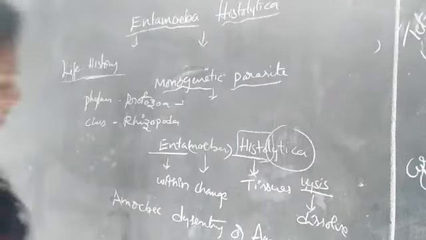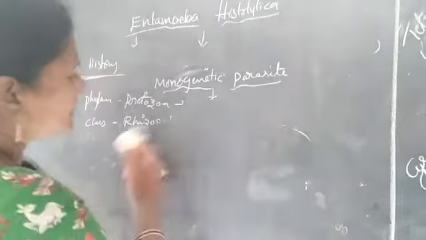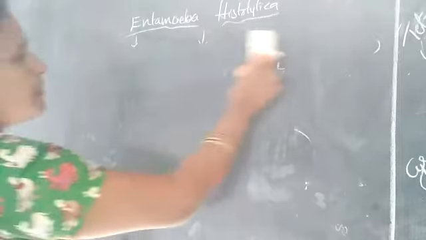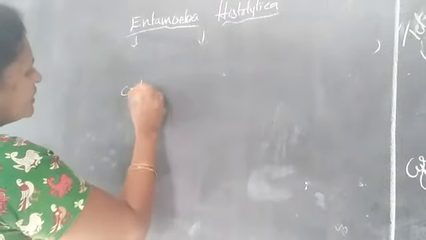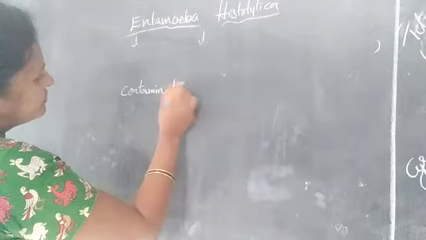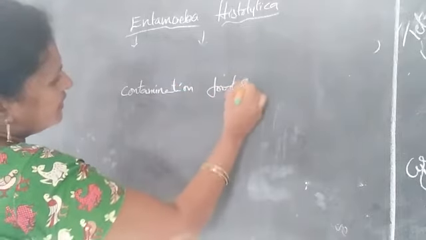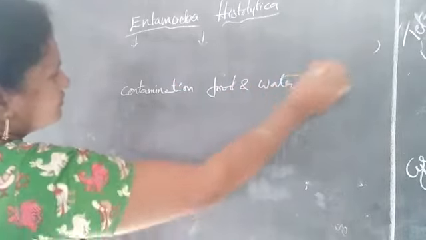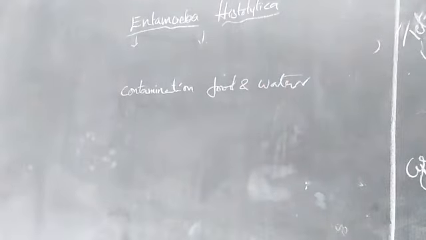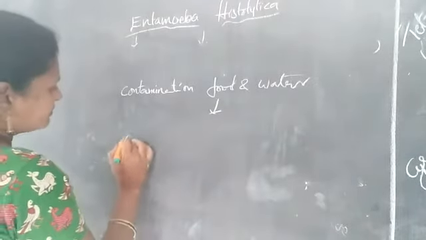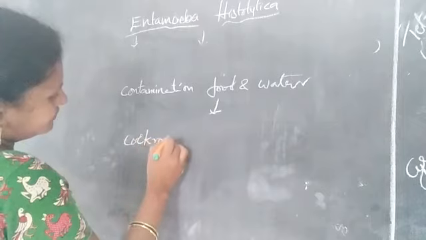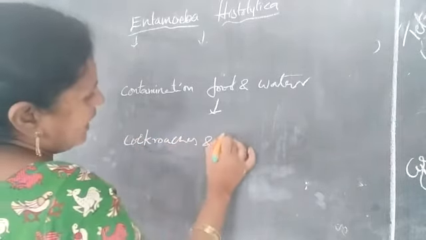Next, the mode of transmission. Entamoeba histolytica spreads by contamination of food and water. It is also carried by cockroaches and houseflies.